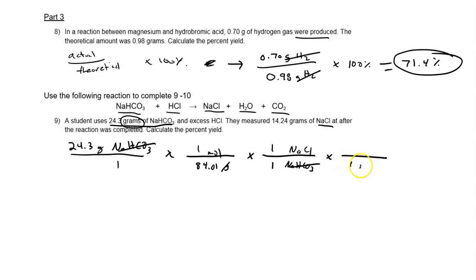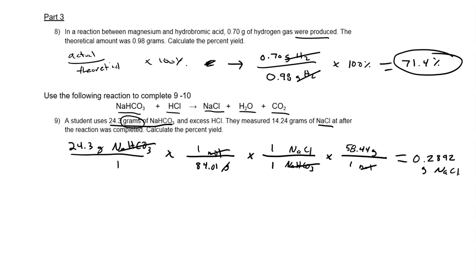So in 1 mole, there are 58.44 grams. And that will give me 0.2892 grams of NaCl. Okay?